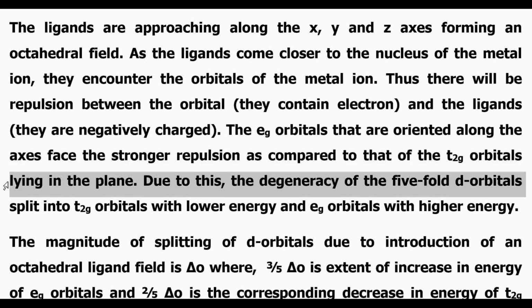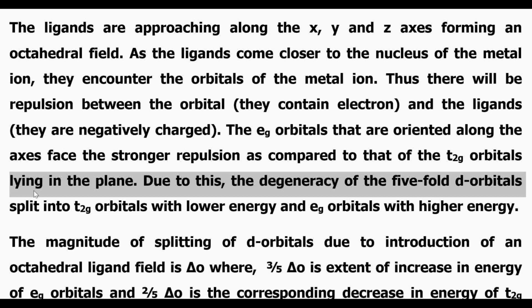As the point charges or the uninegative monodentate ligands approach the metal ion along the axis, the greater interaction of the ligands will be with the orbitals that lie along the axis, and the Eg orbitals lie along the axis.